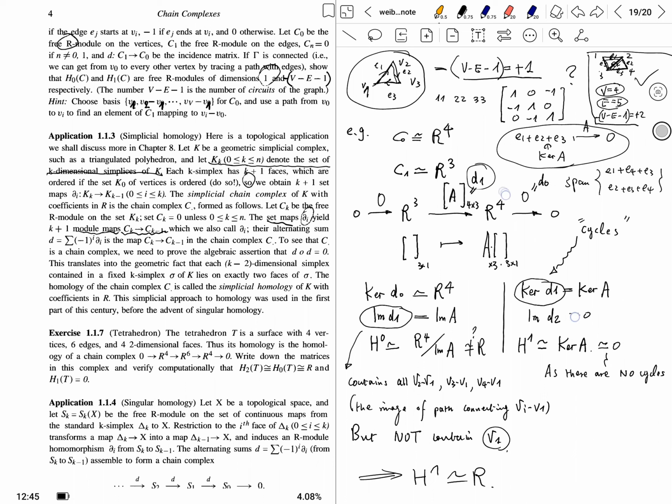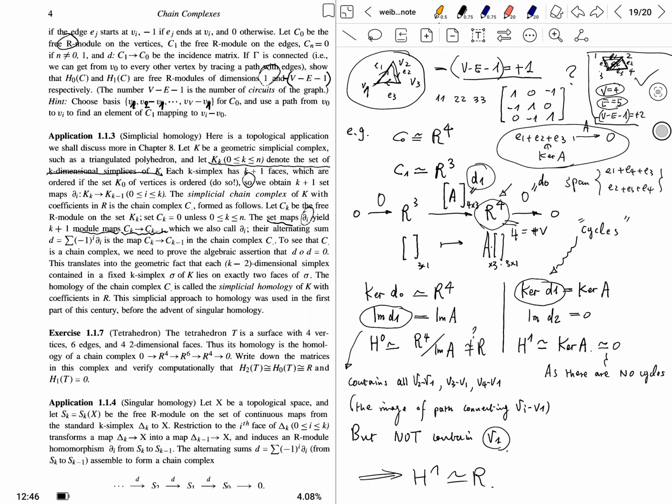And let's go back to degree 0. What is the dimension of H0? It's the kernel of 0, which is the whole R^4. This 4 is just V, the number of vertices.